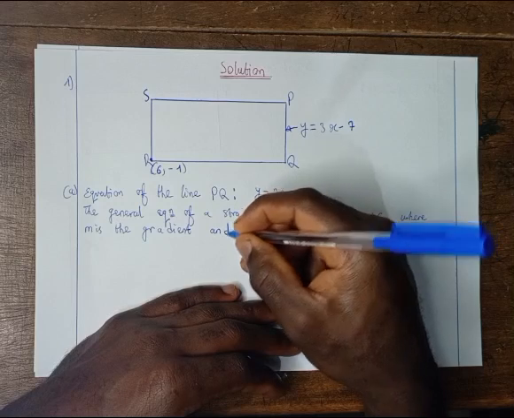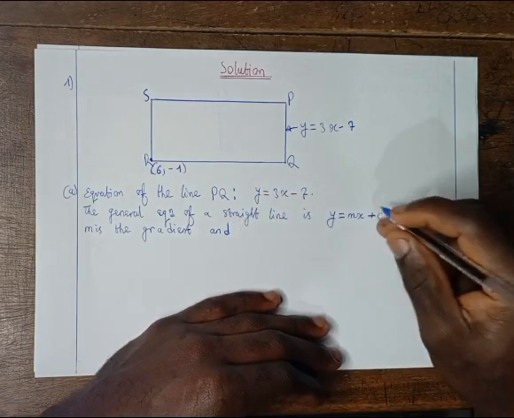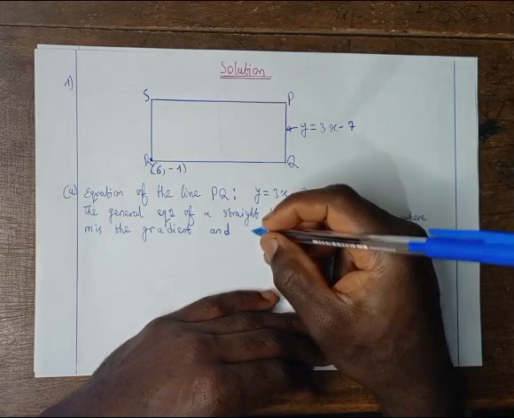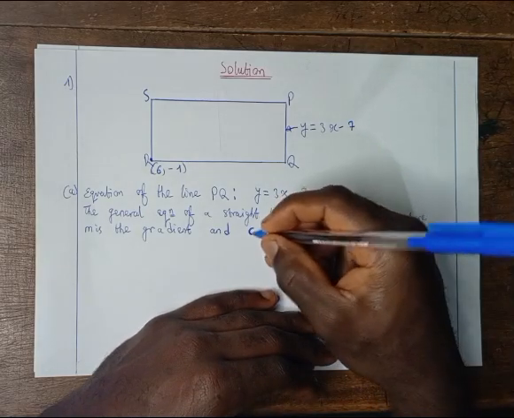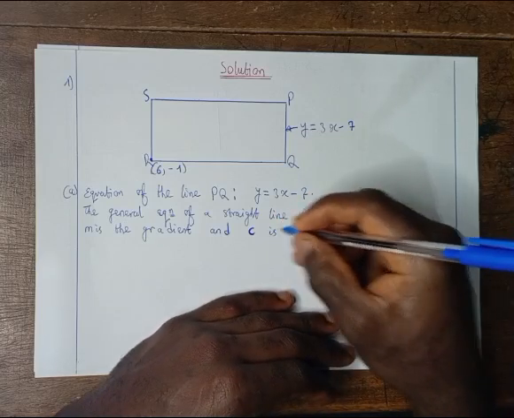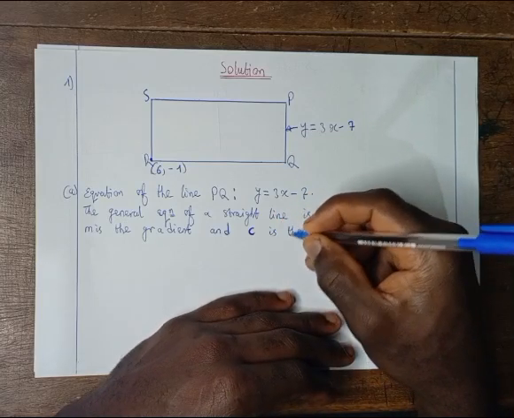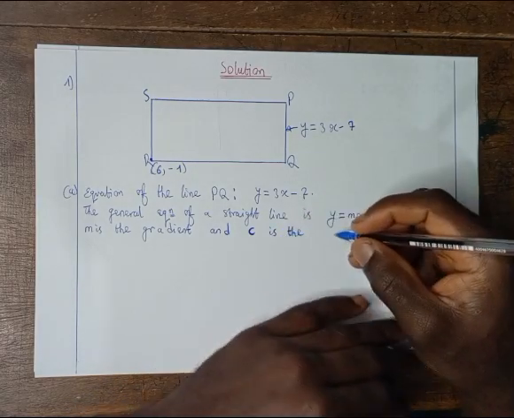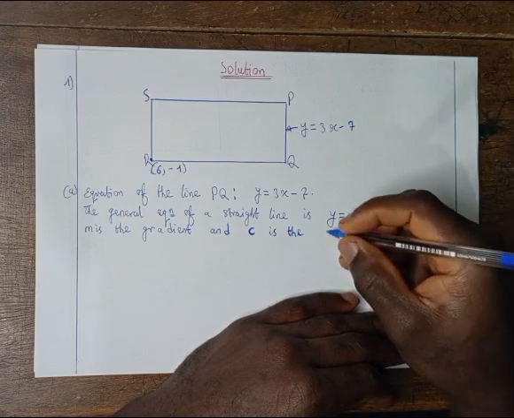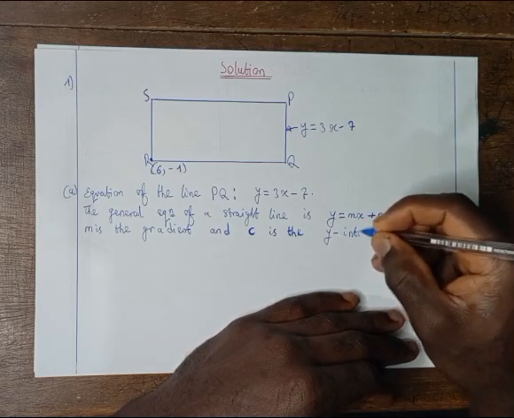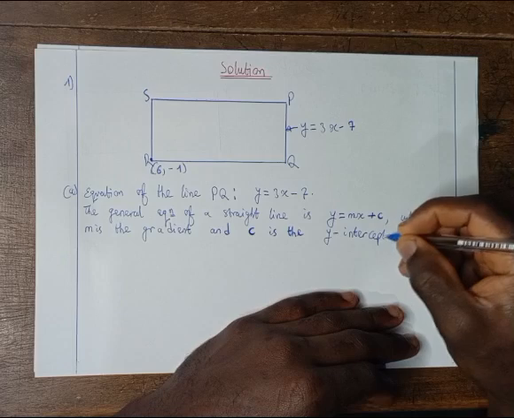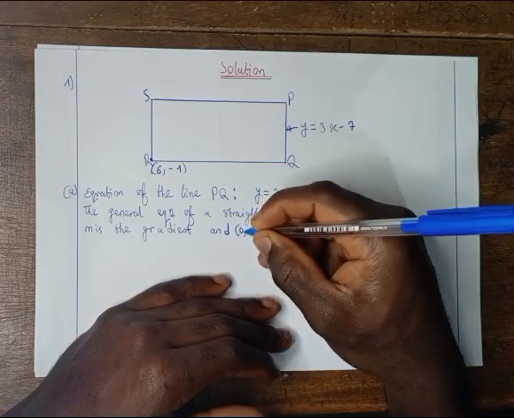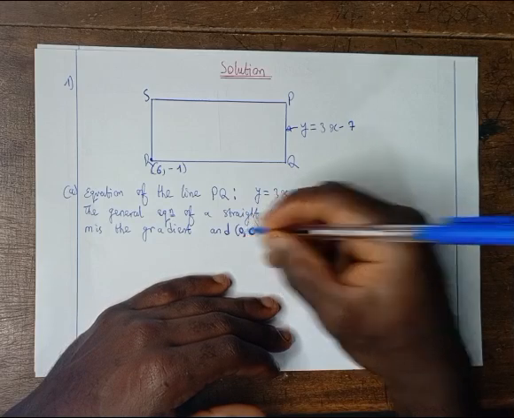And c here is the y intercept. Let me give it as a point 0, c, and such is the y-intercept.